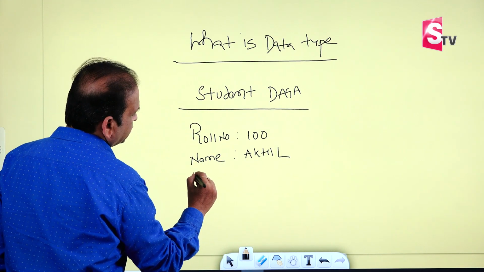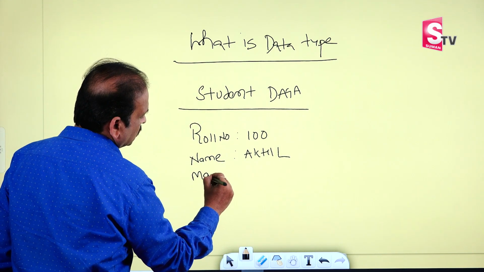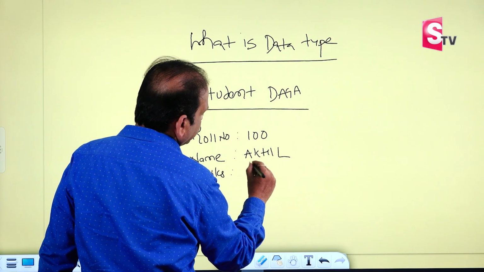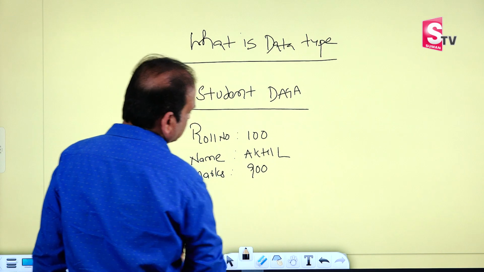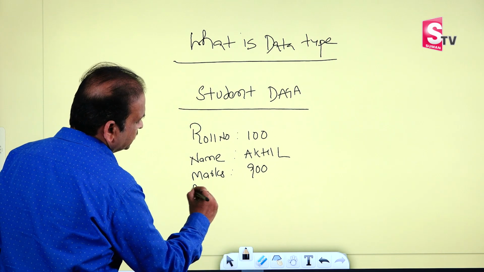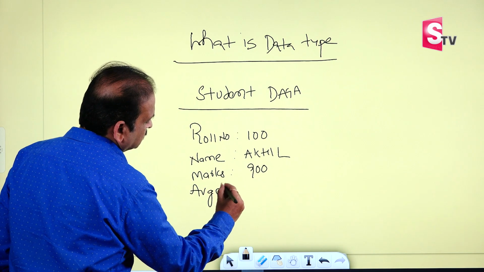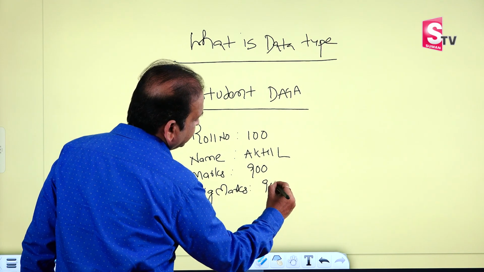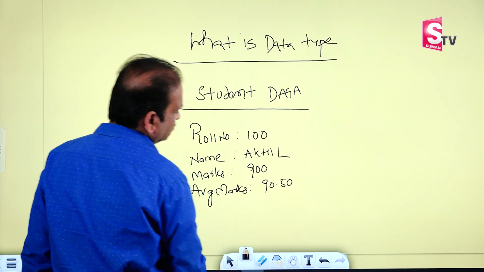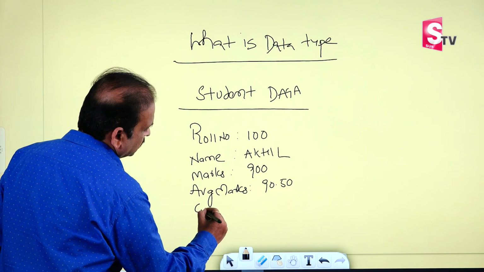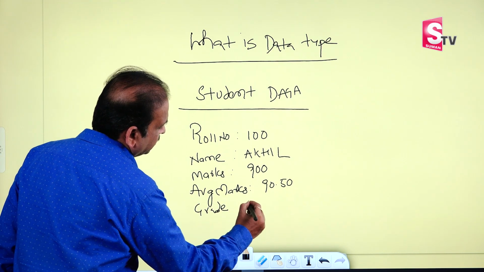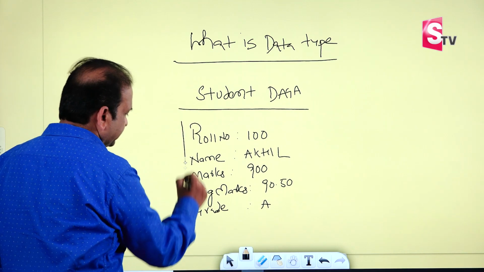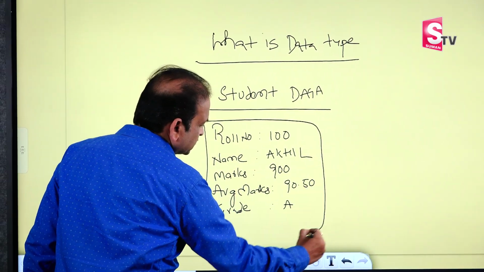Next, we'll take marks. How many marks did Akhil get? For example, he got 900 marks in engineering. Next is average marks. Average marks he got, for example, 90.50. Grade. Which grade did he get? For example, he got A grade. So this is nothing but one data. This is a student's data.